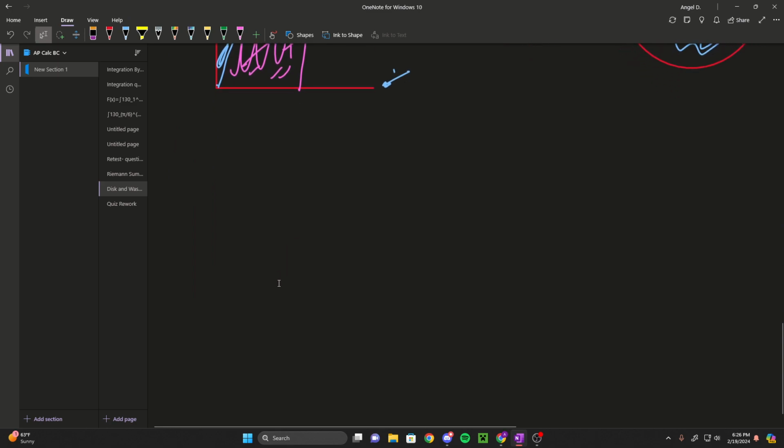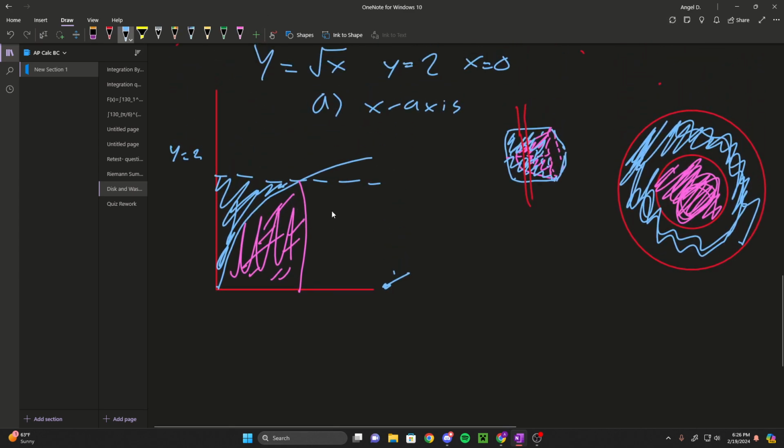Now, we already know how to do the disk method. And washer method, I should probably go back up here. What washer method does is, we can determine the radius from here to here, right? That radius right there is just from the curve all the way up to here.